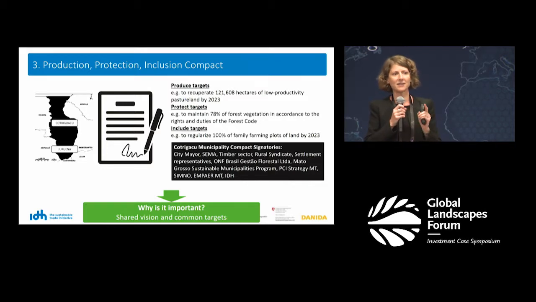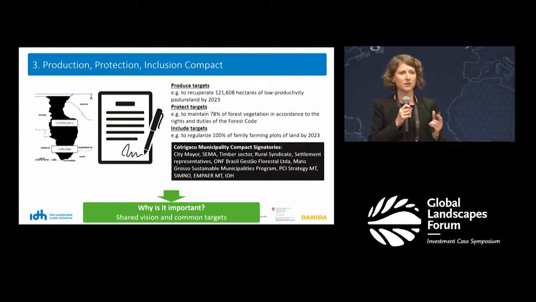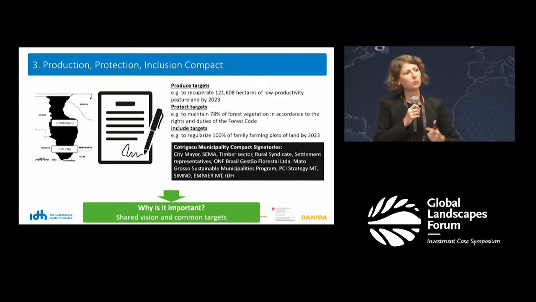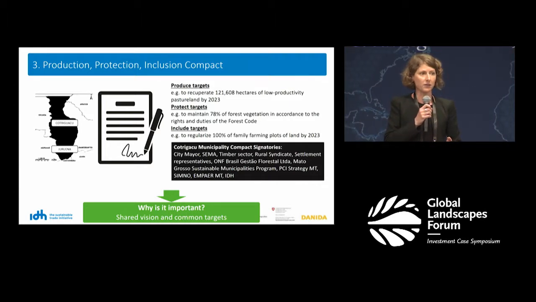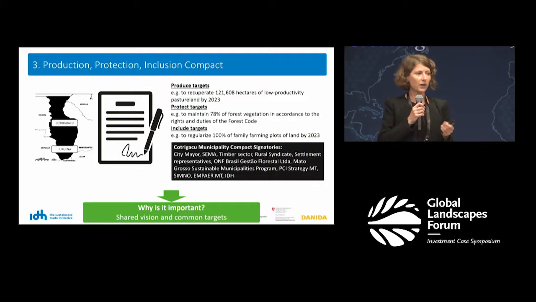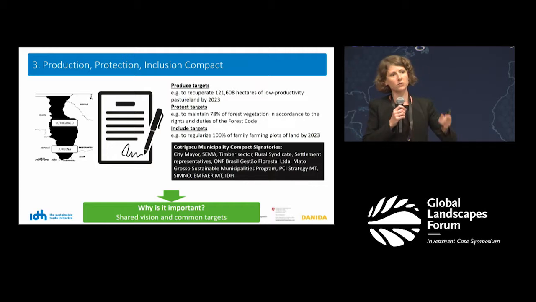And they were signed, and this is what's really interesting, not only by the mayors, but also by representatives from the timber sector, the beef sector, from settlements, also from conservation NGOs, and all of them agreed on the set of targets. And here as well, this is important to investors. There's a shared vision, there are shared targets that will lead to an action plan. So you know that the jurisdictions are on the right path towards sustainability.